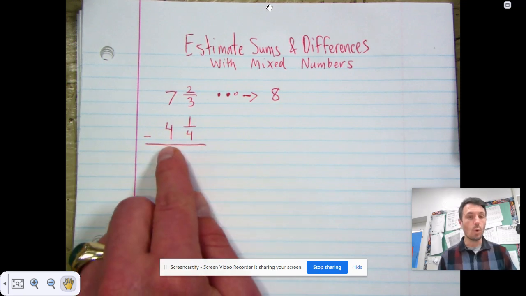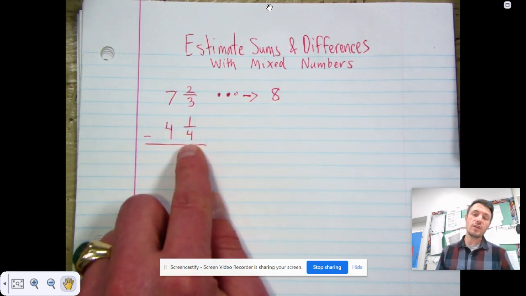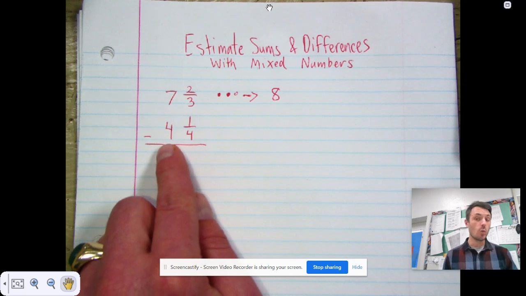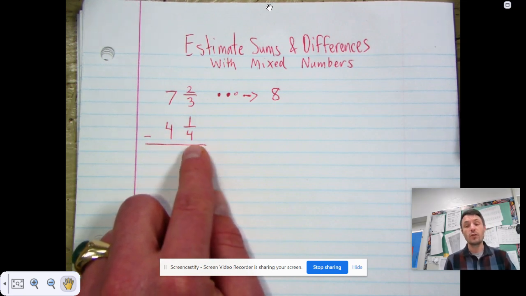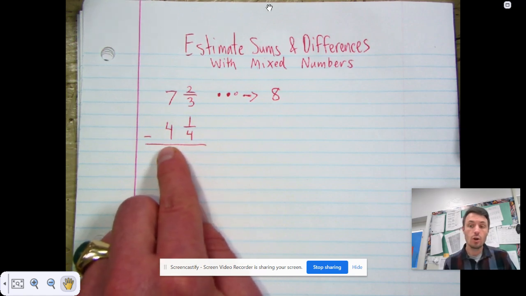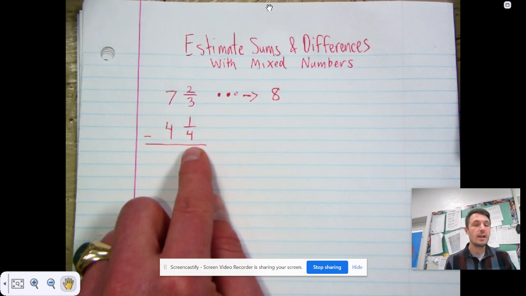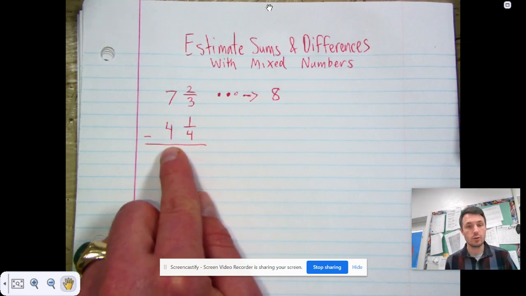Okay, next we have 4 1/4. Think of that same thing here. If you had 4 whole pizzas and 1/4 of a fifth pizza, you have more than 4 but less than 5. Are you closer to 4 or closer to 5? Well, if 1/4 is above a half, then it's closer to 5, but if it's below a half, then it's closer to 4.